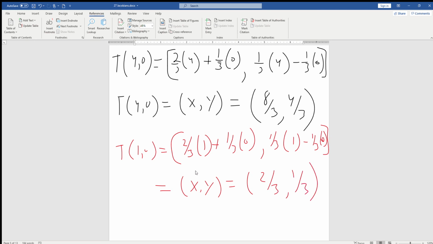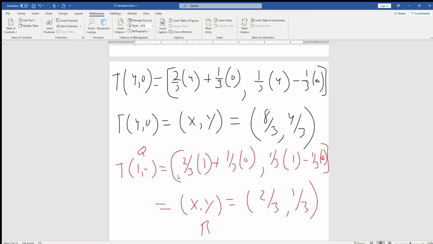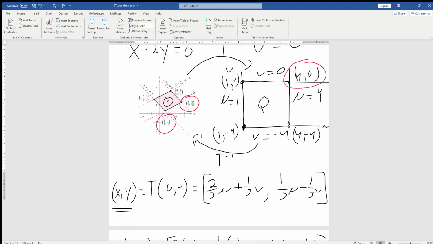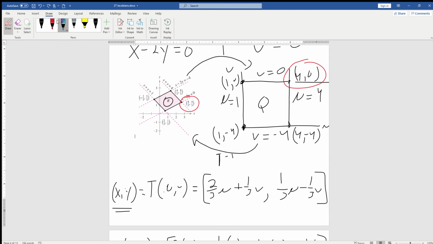And so there should be another point on the original region R, and that's our mapping Q, that should be able to map those. Okay, so if we go back up here, we do indeed have the point 2/3, 1/3. In fact, let me undo that, use a different color just to illustrate. So this point that we have, this 2/3, 1/3, maps to this point 1, 0. And so we could do that with the other ones if we chose to. So that's our transformation at this point.